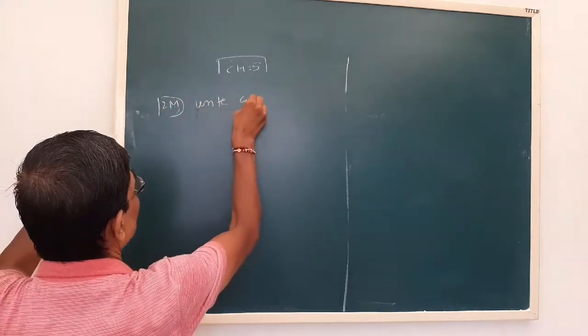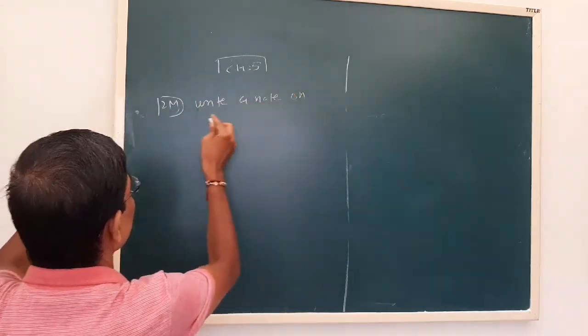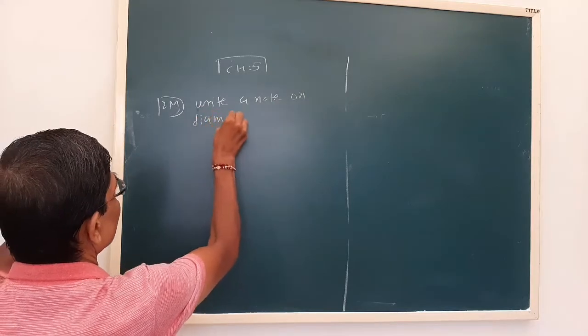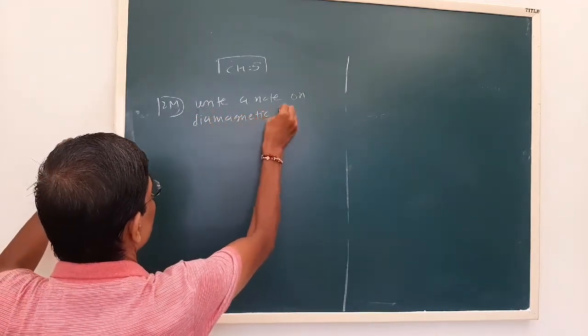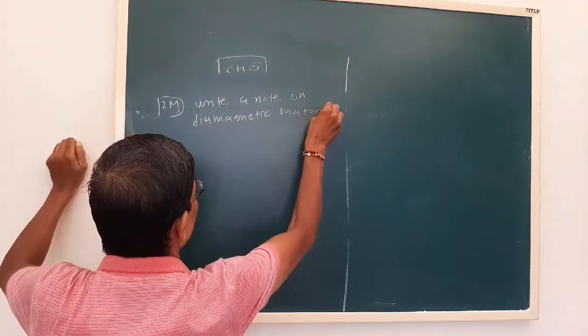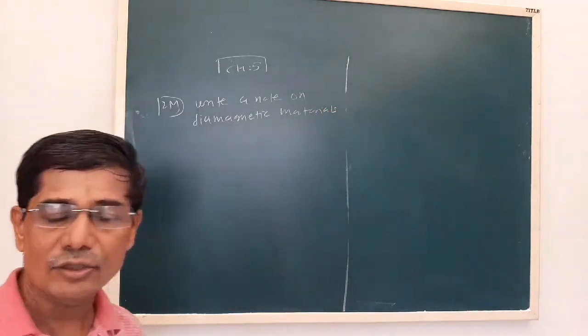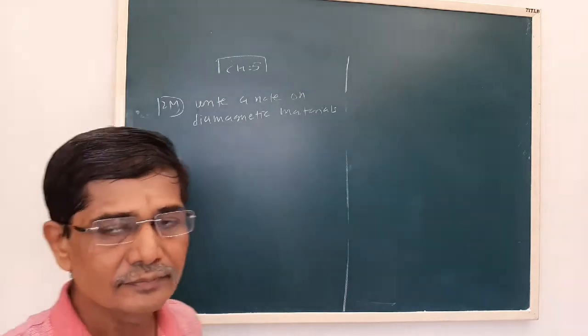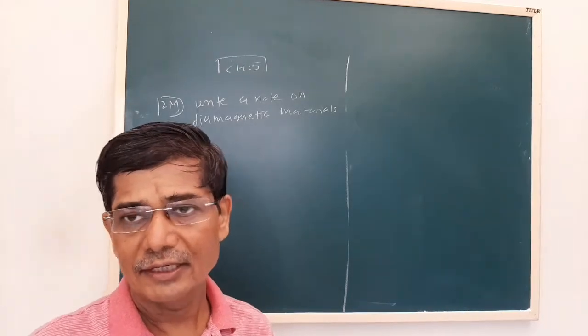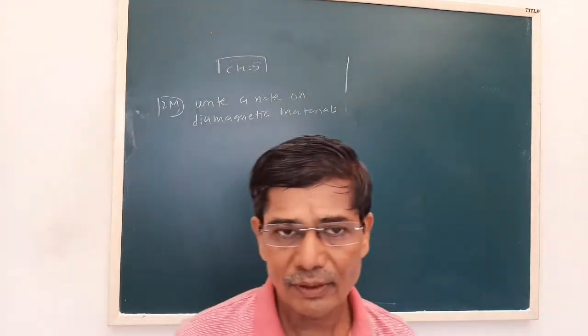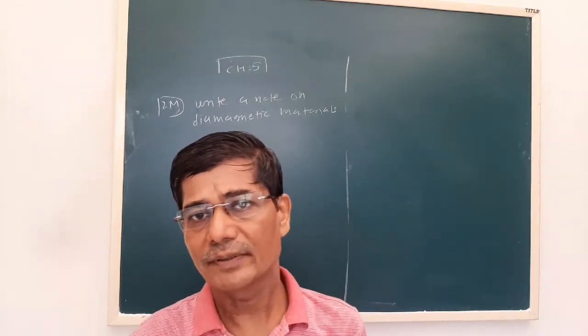Write a note on diamagnetic. Now see, the materials of diamagnetic material are such that they do not possess dipole moment.